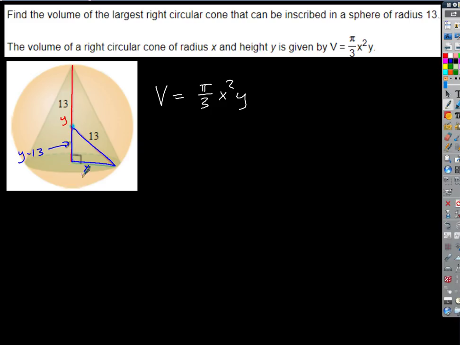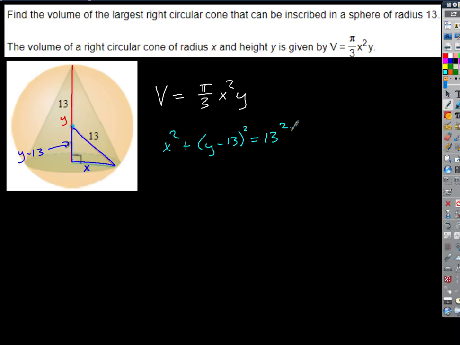So then, by the Pythagorean theorem, doesn't that just tell us that x squared plus the quantity y minus 13 squared equals 13 squared?